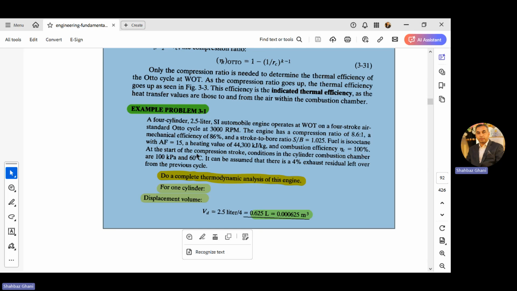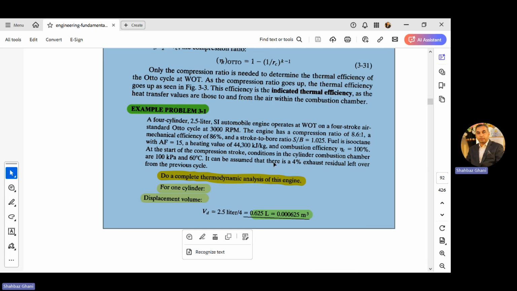At the start of the compression stroke, conditions in the cylinder combustion chamber are a pressure of 1000 kPa and a temperature of 60 degrees Celsius. If the atmospheric condition is 25 degrees Celsius, at the start of the compression we have plus 35, so it's 60 degrees Celsius.